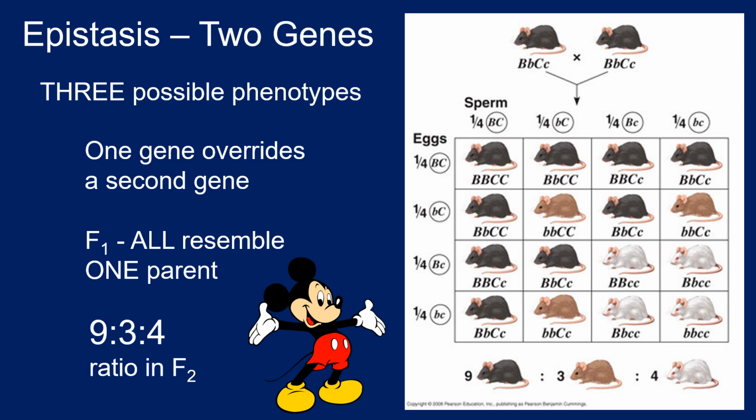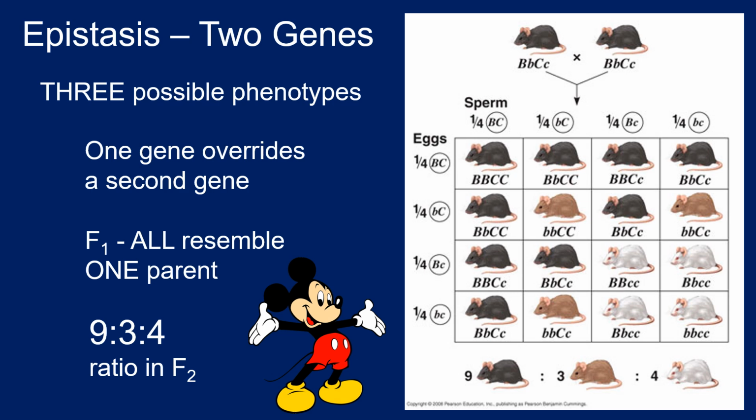We get black coloration. If we have the recessive form, it's not totally broken, but it doesn't work as well. We get some pigment building up, but not nearly as much, and we get the brown coloration. So once again, the C gene starts the process, and then the B gene finishes it.